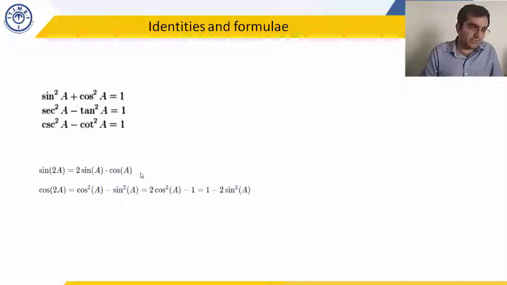This will be used today. And cos 2a is equal to cos square a minus sine square a, is equal to 2 cos square a minus 1, is equal to 1 minus 2 sine square a. All of these are equal.